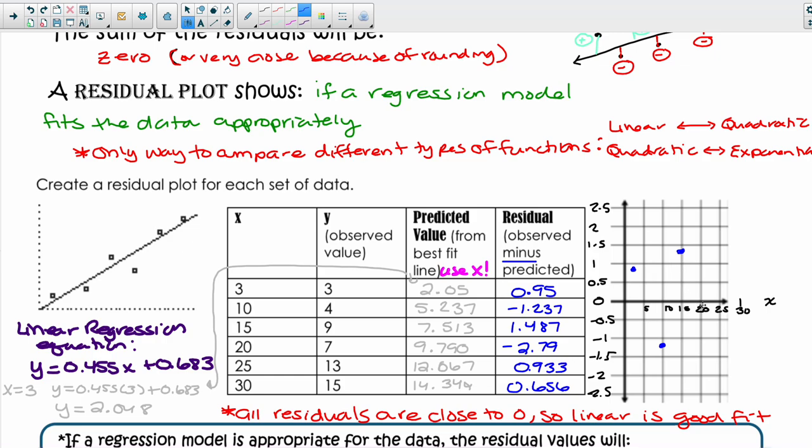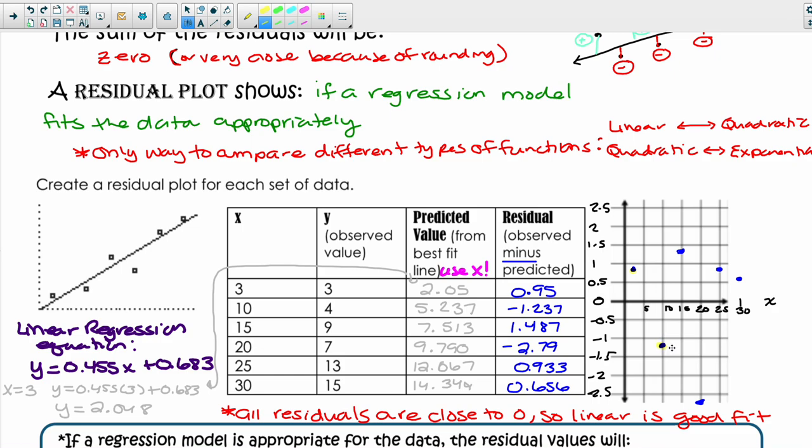X value of 20, I'm at negative 2.79, so I have to go below the negative 2.5, so about right here. 25, I'm at 0.933, so right below the 1. Then at 30, a little bit above the 0.5. So these are our residual values and the locations of them.